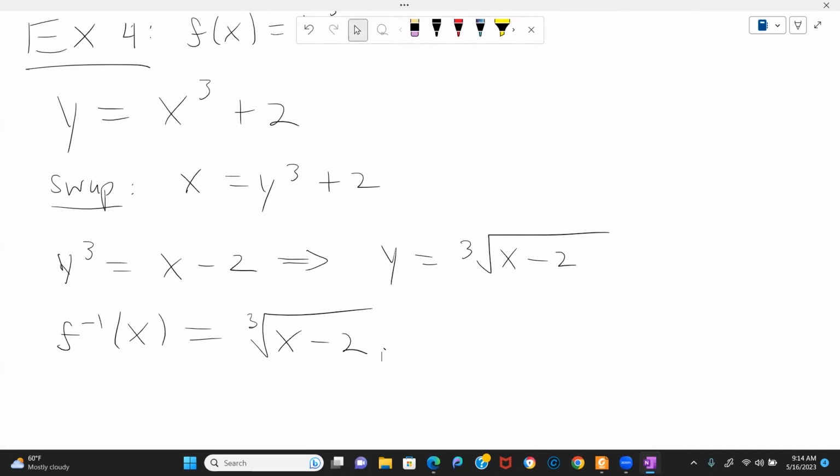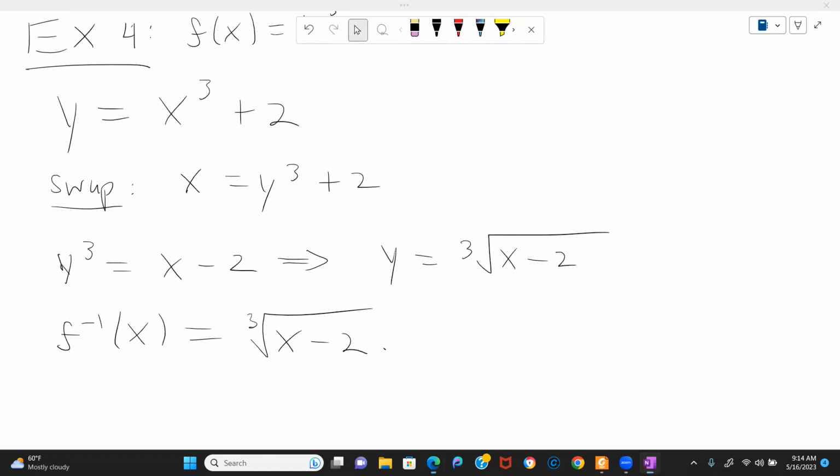All right, so hopefully at this point, this idea of swapping x's and y's, reversing things, undoing things, will make it clear how to get the graph of the inverse function. If I give you the graph of f, it should be clear how to obtain the graph of the inverse.